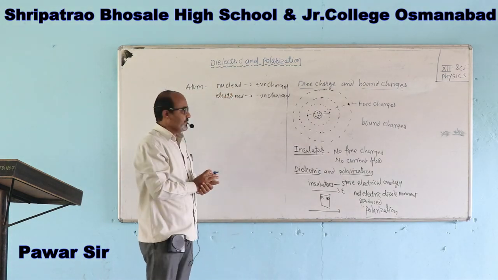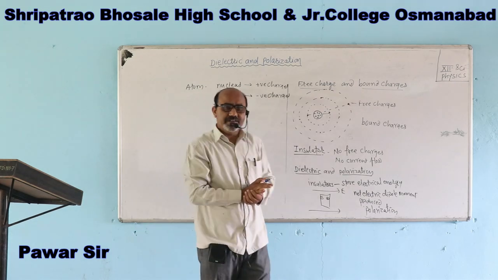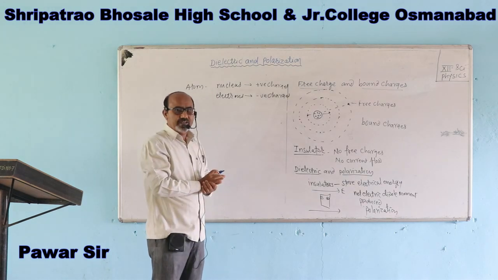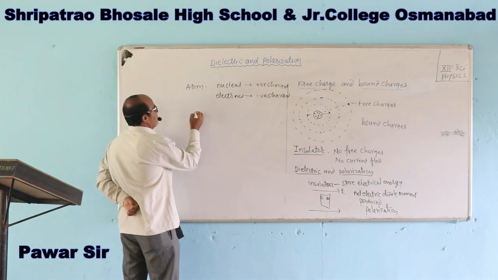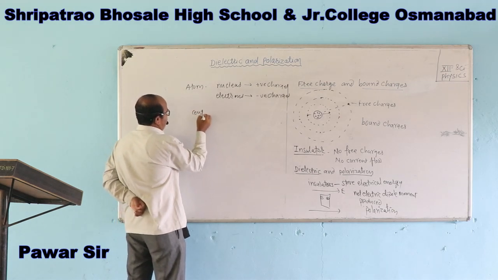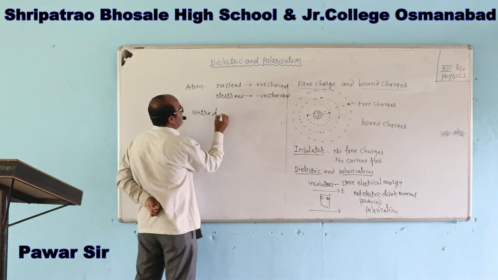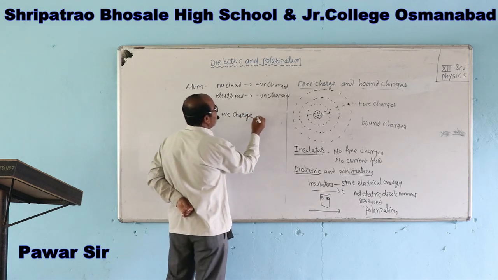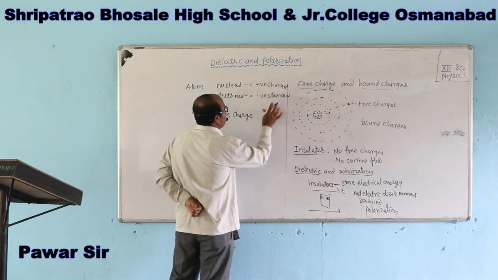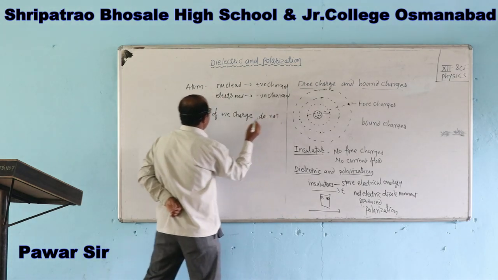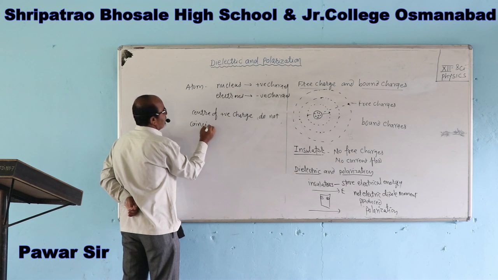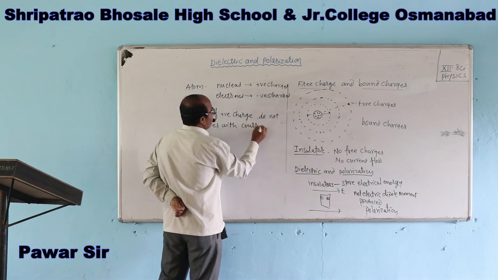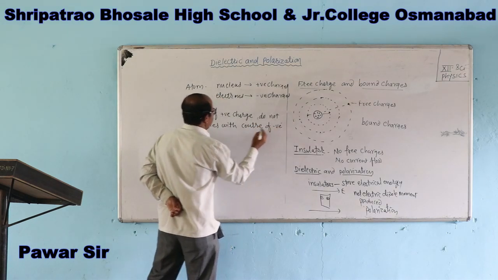If these 2 points are separated by a certain distance, then such a molecule or atom possesses an electric dipole. The center of positive charge does not coincide with the center of negative charge.